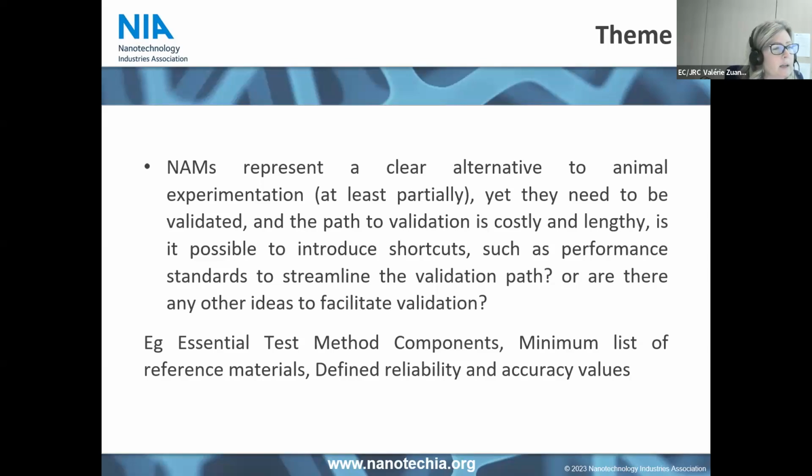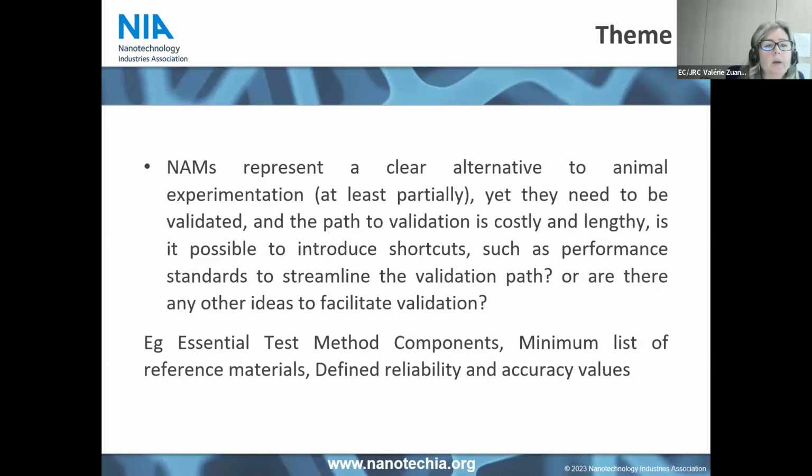In the OECD test guideline program, we have already test guidelines which are grouped together according to the key events that they are predicting. So there the biological relevance and the mechanistic information that the method is providing is very important.